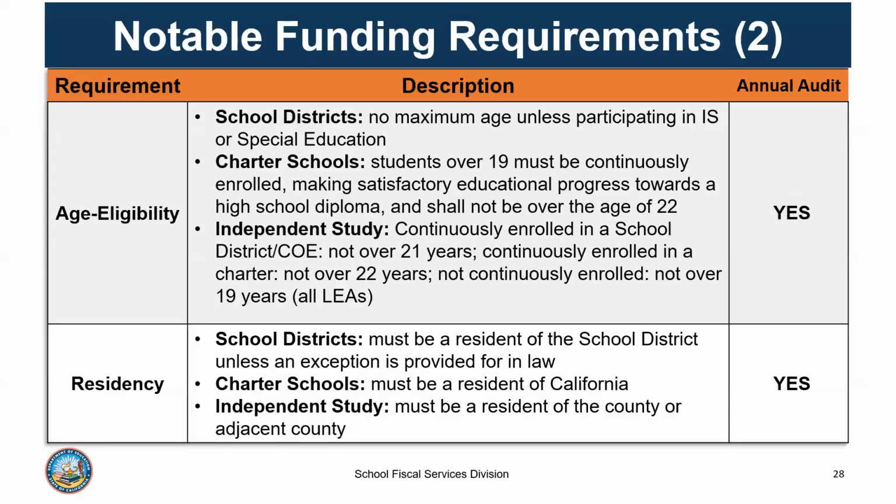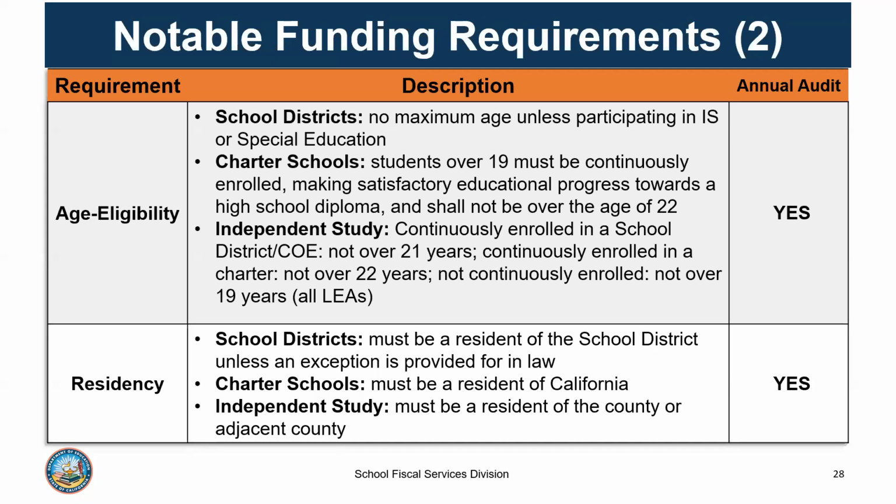There are different age eligibility requirements depending on where the student is enrolled and what program the student is participating in. For school districts, there's no maximum age unless the student is participating in independent study or special education. For charter schools, students over the age of 19 must be continuously enrolled in public school, making satisfactory educational progress towards a high school diploma, and shall not be over the age of 22.